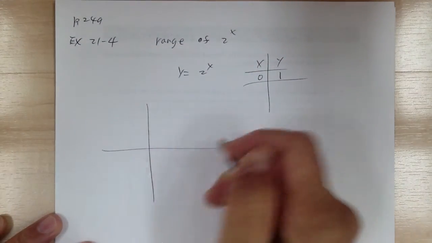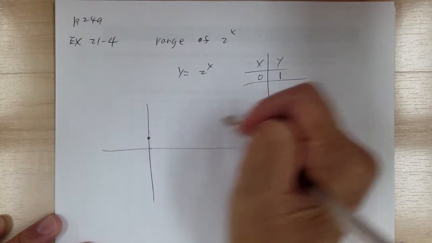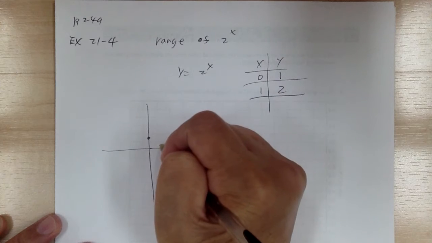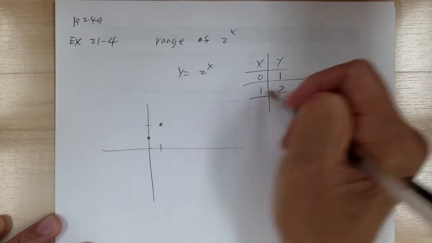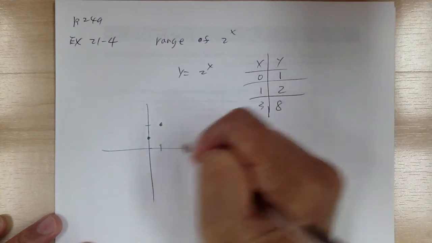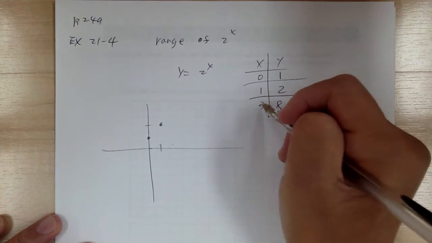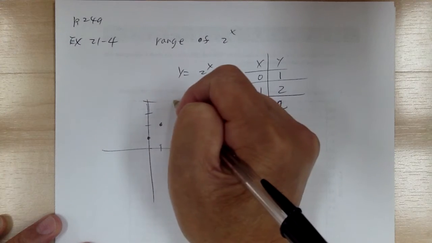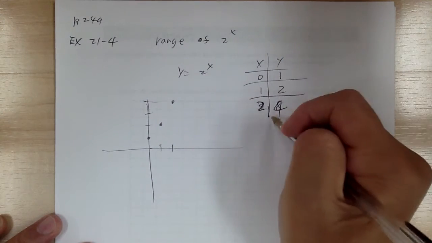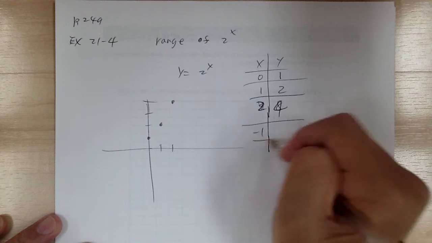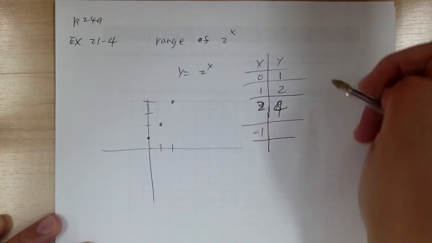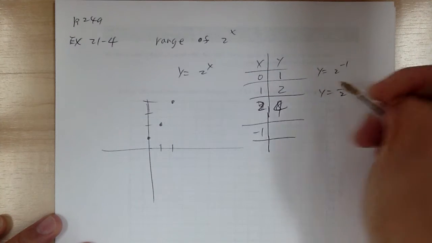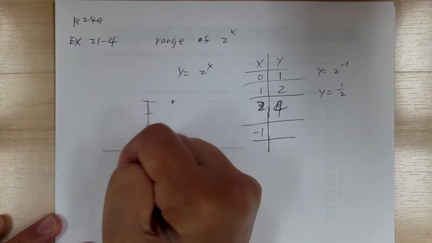If x equals 1, y equals 2. If x equals 3, you get 8. Wait, let's do 2. You get 4. Now, what happens if x equals -1? You get y equal to 2 to the -1, so y will equal 1/2. So at -1, you get 1/2.